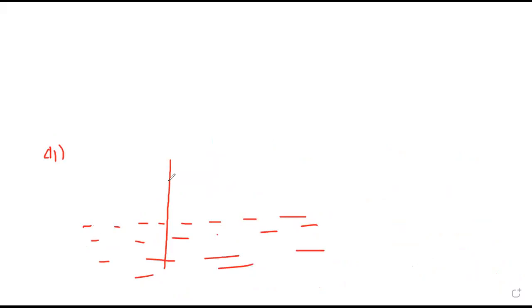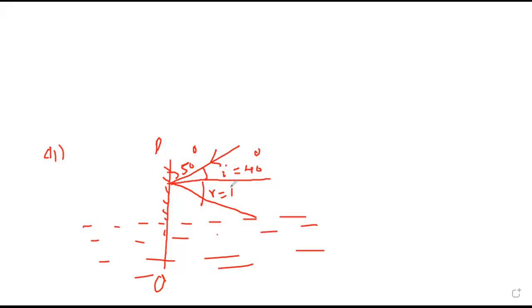Mirror PQ is held perpendicular to the water surface. Light is incident at 50 degree with the mirror PQ. So this will get reflected back. What is angle of incidence? 40 degree. So angle of reflection will be 40 degree.